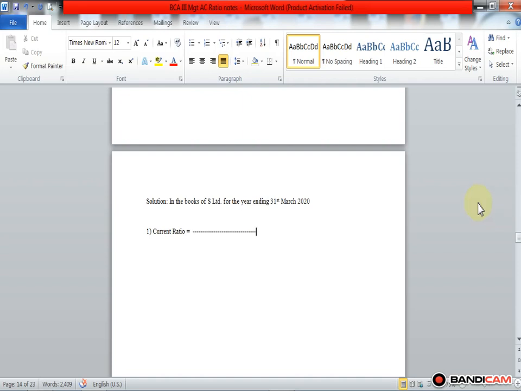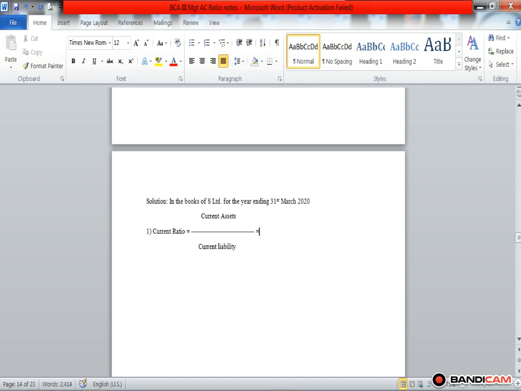So here we write the formula and then put the figures which are given in the problem.